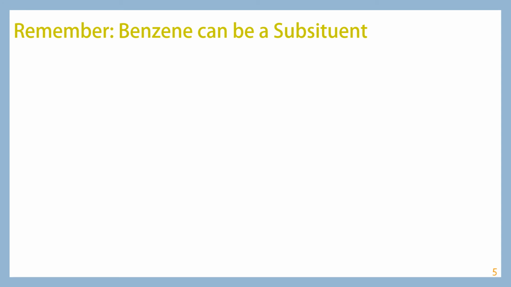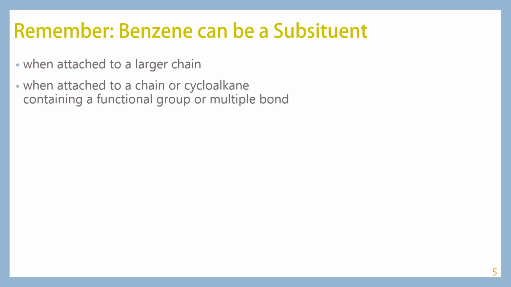The last thing that I want to talk about before we do a couple practice problems is that you need to remember that benzene can also be a substituent. And the situations where benzene is a substituent are when it's attached to a larger chain, so a chain with more carbons, or when it's attached to a chain or cycloalkane that's containing a functional group or multiple bond.